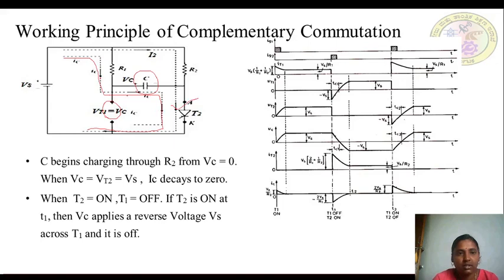So this voltage of the capacitor will turn off SCR T1. This is the direction of the current flowing through T2 once SCR T1 is in the off state. Now the capacitor will also try to charge in the reverse direction.